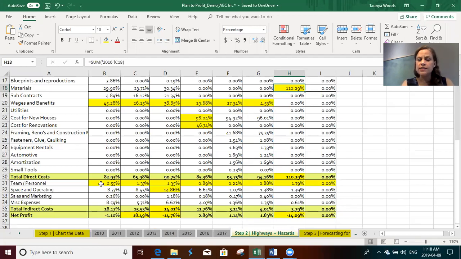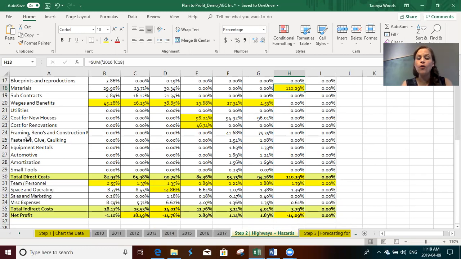One thing that's interesting here, you will see that team and personnel, 0.55, 1.37, 1.35, 0.89, 0.22. I can tell you right now, you cannot operate a business, even an online business, at 1% of your total sales being allocated to personnel. So then the question is, are we missing an expense here?